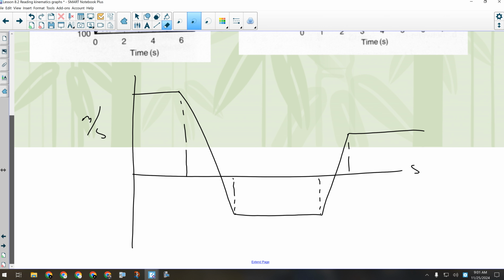And if I put some times on here, well, that was supposed to be a 1. I got ahead of myself. Not 1, 2, 3, 4, 5, 6, 7. Okay. During this part of the acceleration, from A to B, does the object change direction?